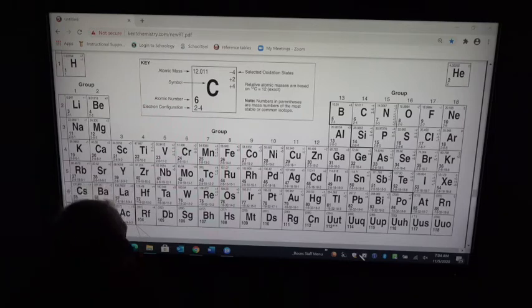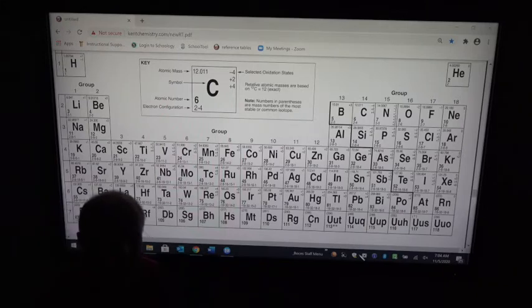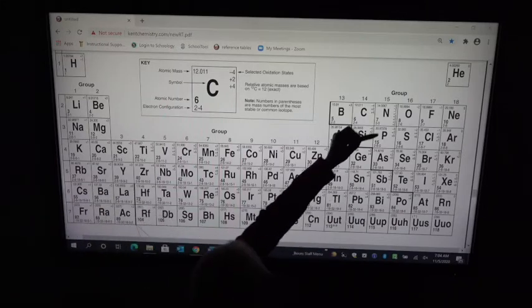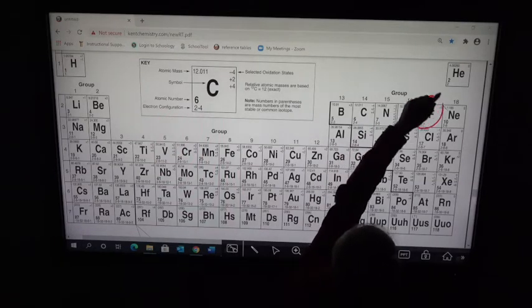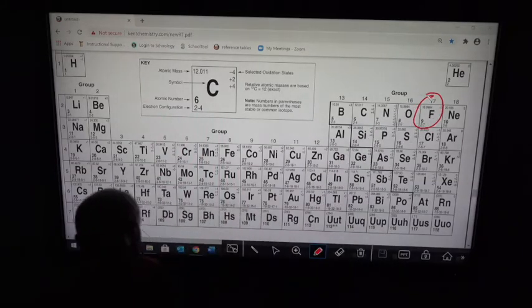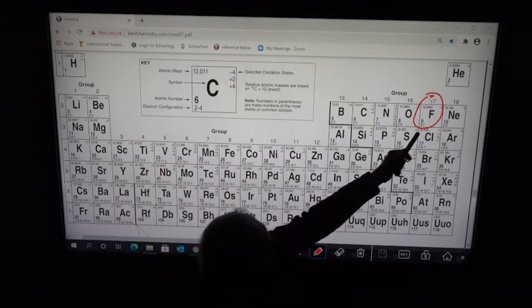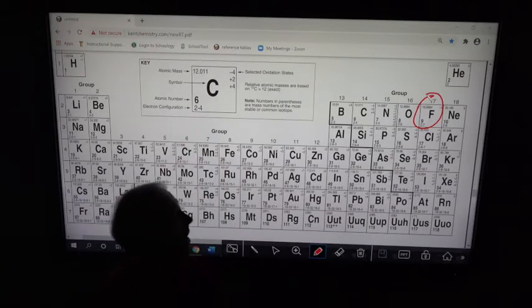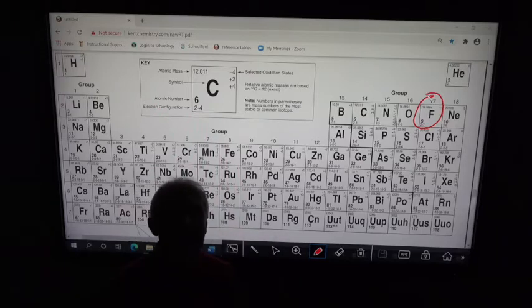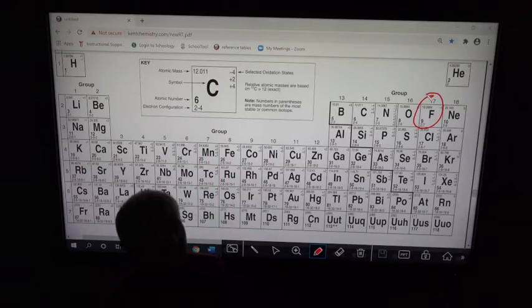So I will tell you this: the element with the best ability to attract electrons is this guy, fluorine. I call him the Rambo of all the elements because it has 7 in the outside shell. Remember, almost all the elements want a stable octet, which means 8 in the outside shell.